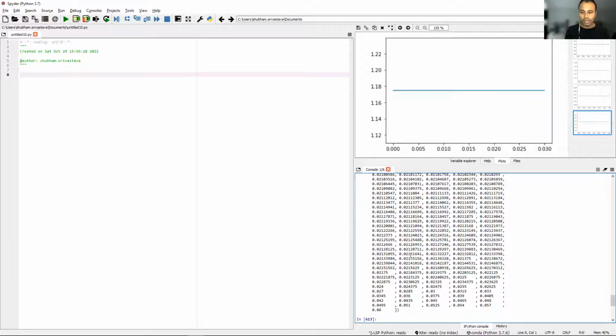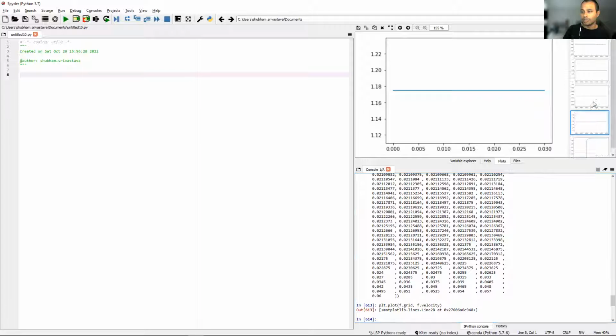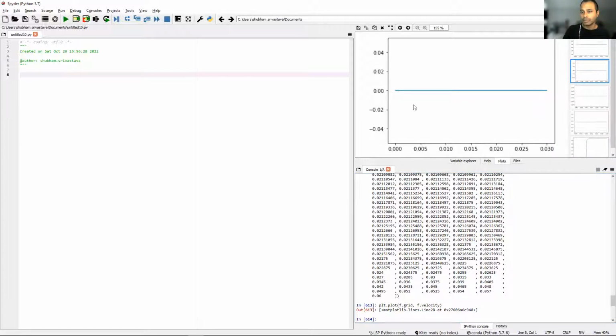Let's look at velocity, for example, and that is where we started. plt.plot(f.grid, f.velocity). Now you see things have changed. Initially, everything was flatlined. If you go back in history and see, this was the temperature, this was the velocity.